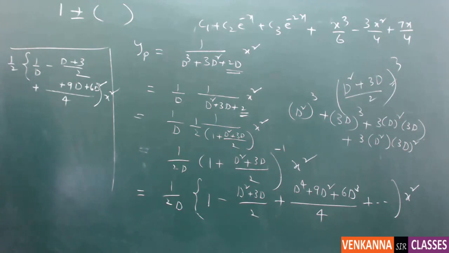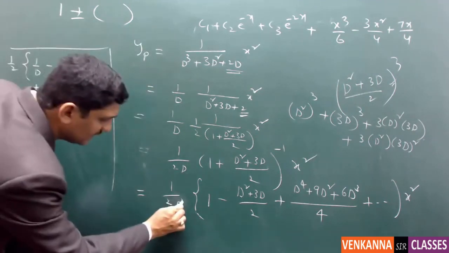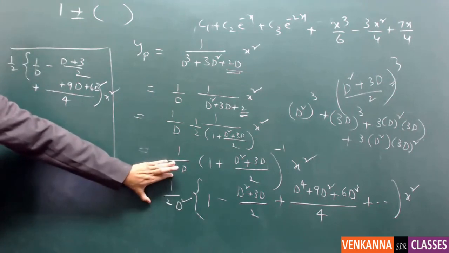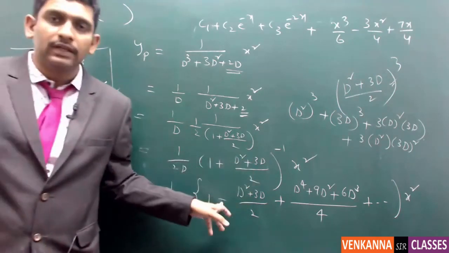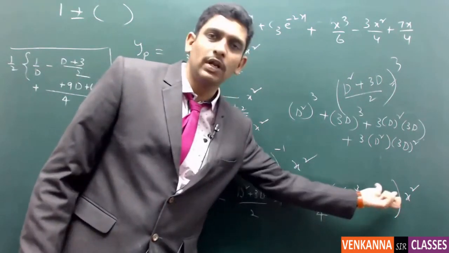Are you getting me or not? So no term will come. Accepted? If you apply the x cube formula, it is included in that expansion. So if at all, by taking the common, if I take D square here, is it possible or is it necessary to go for one more term in this expansion?